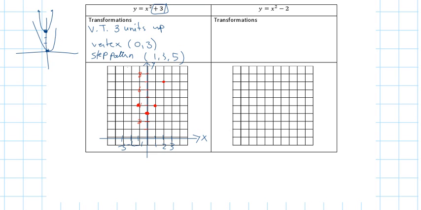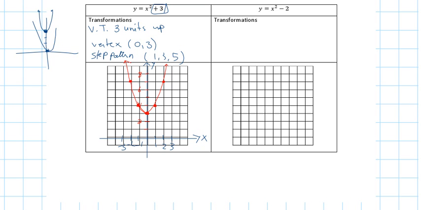I'm going to join my points like so. Because you're adding 3, right? So you have a vertical translation 3 units up, right? Which makes your vertex at 0, 3.